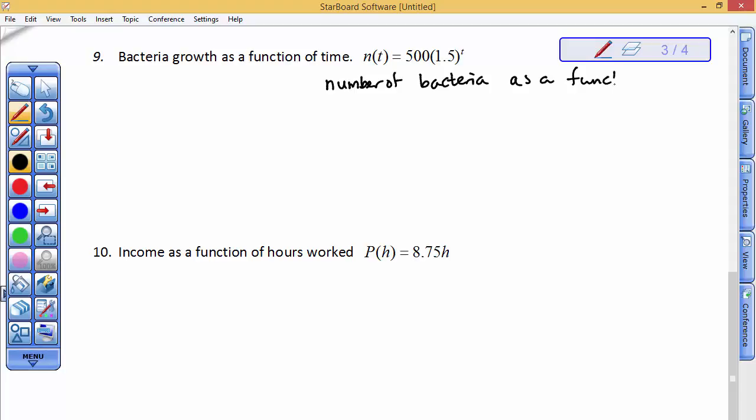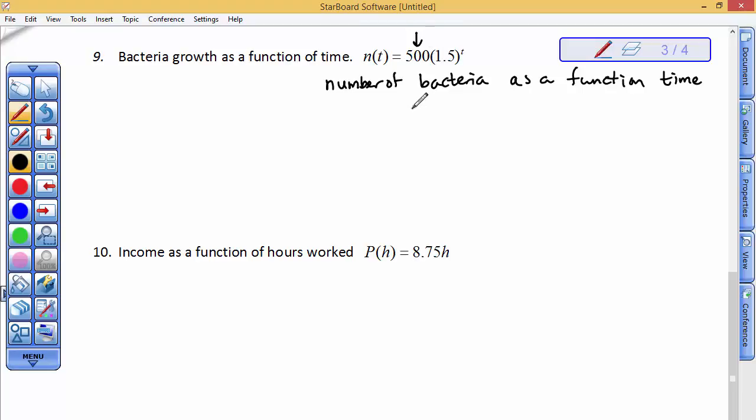So n of t, number as a function of time. And let's just presume that maybe time is in hours. In this problem, 500 is the starting number of bacteria in an experiment that some scientists are doing.